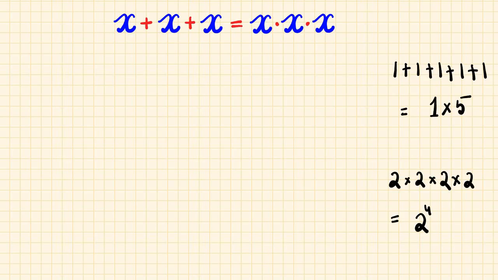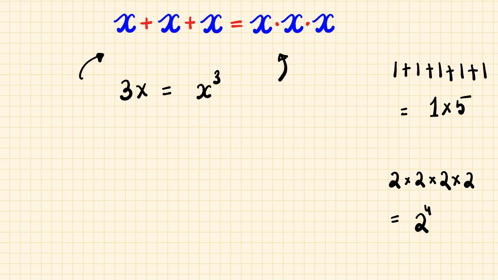So can I write my left hand side as 3 times x? Yes. And can I write my right hand side as x power 3, right? Okay, now I can see I have a cubic equation, right?